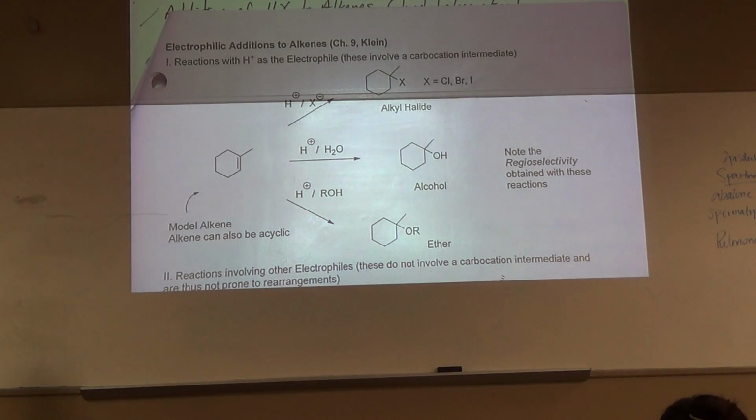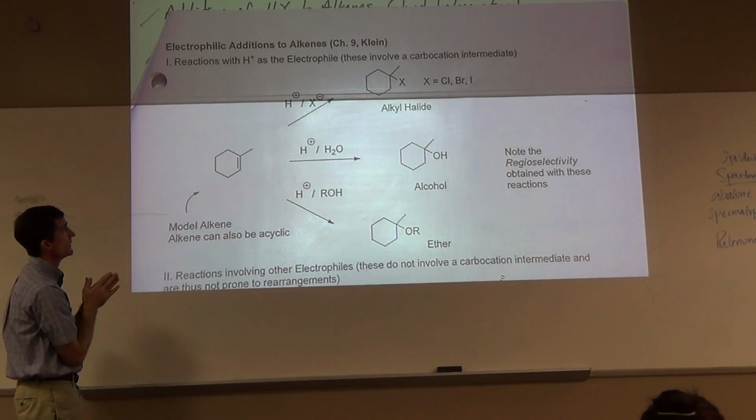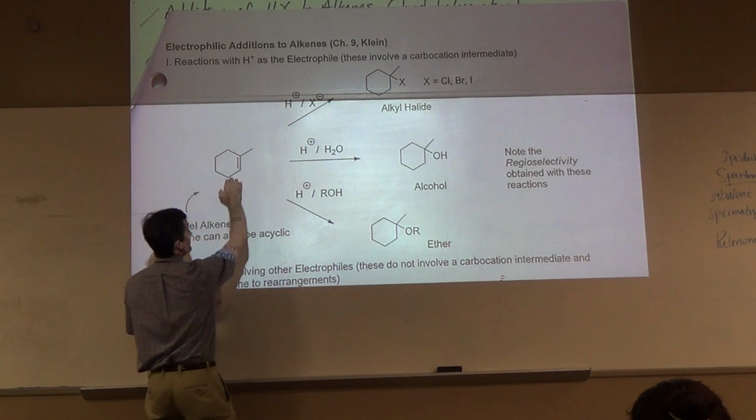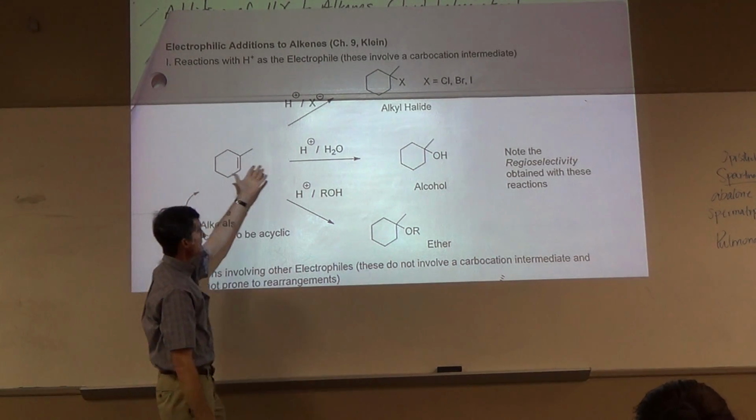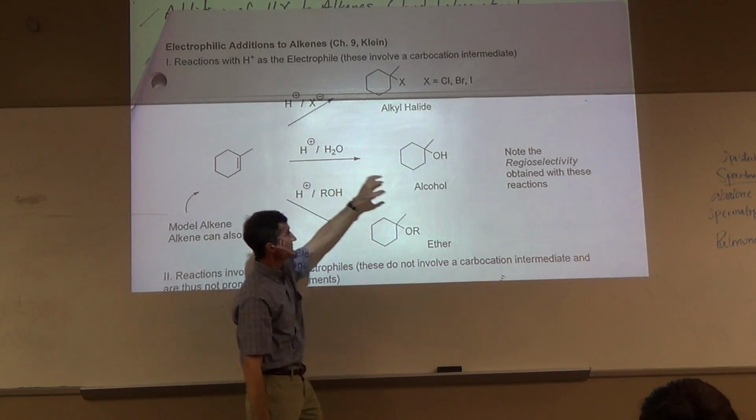Reactions of alkenes. The alkene has the pi bond. Because the pi bond is not held as tightly as sigma bonds, the pi bond electrons will react. Okay? Source of reactivity. Those electrons. We will react an alkene with HX to make an alkyl halide. We'll react an alkene with water and an acid catalyst to make an alcohol.